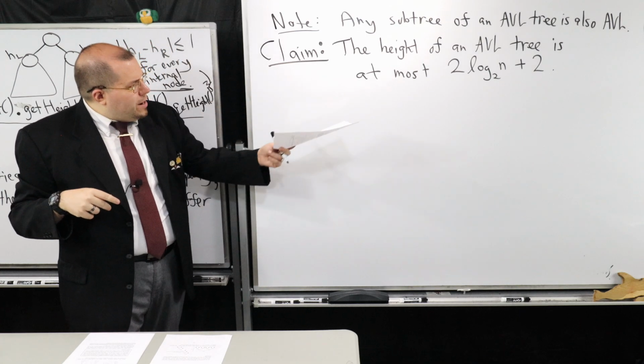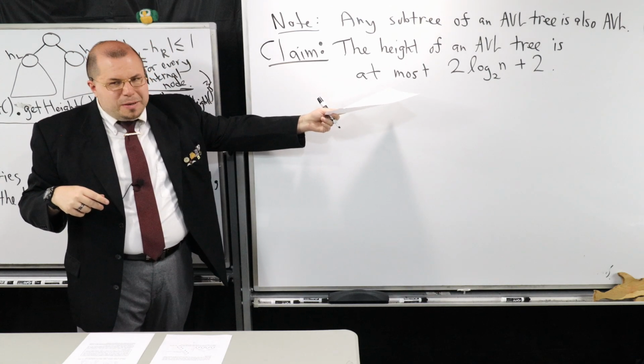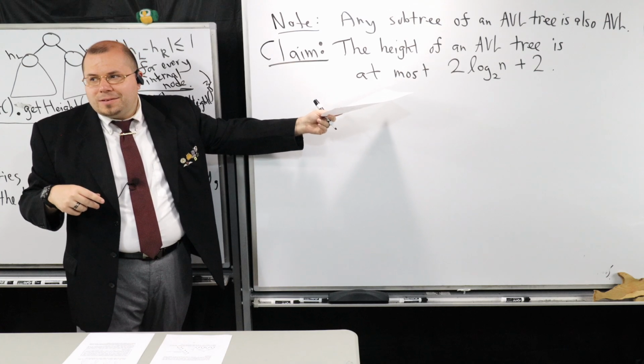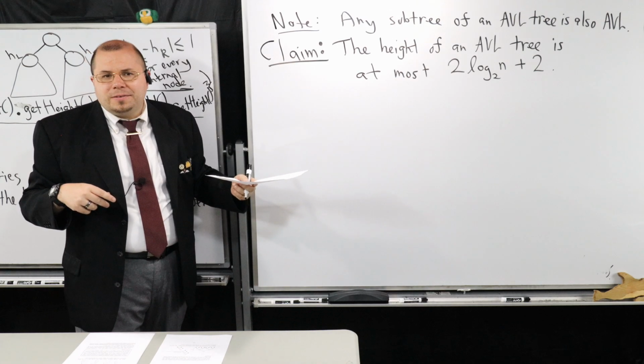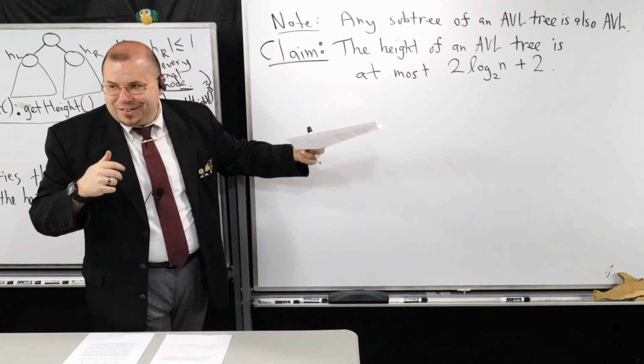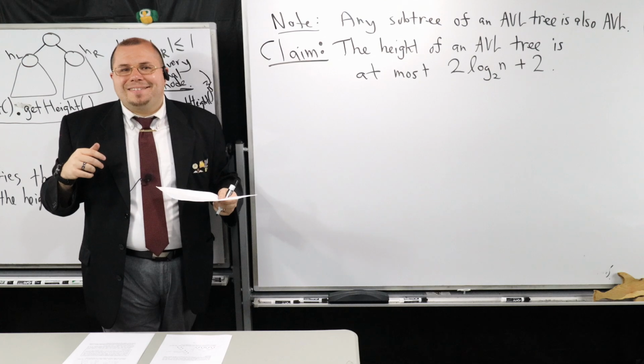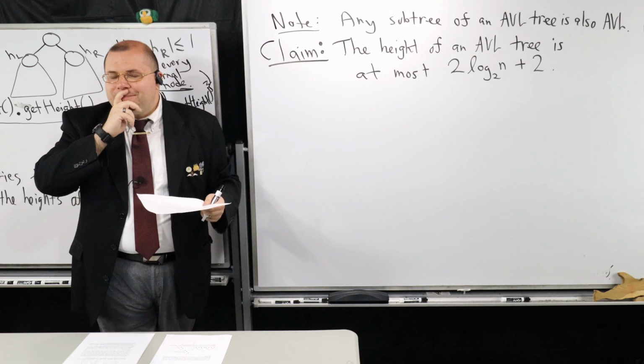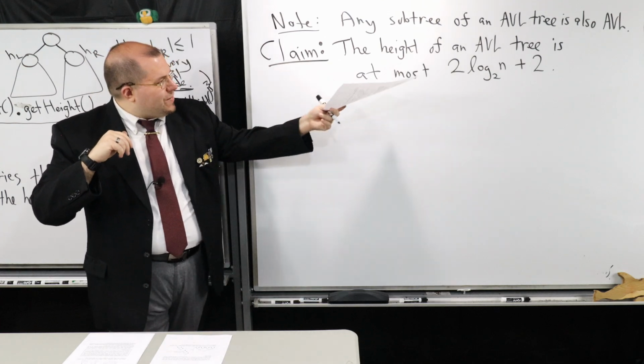Can anybody tell me why, if this was true, this would be good enough for us? Why would this be good enough? If I could prove this, what does this mean? Why would I be satisfied with just this?